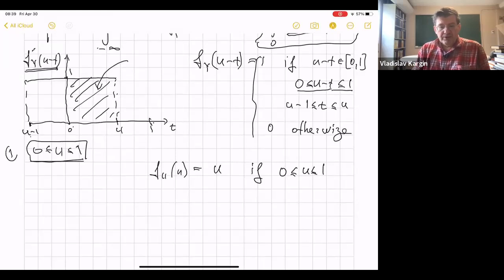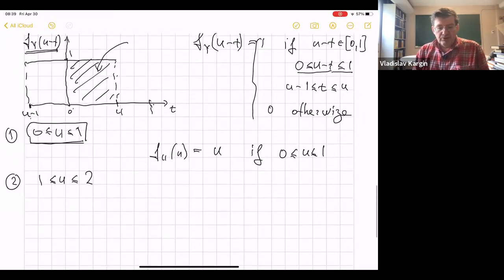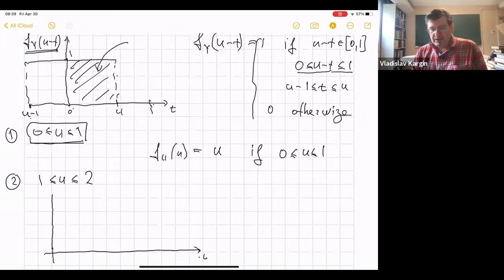So this was the first case, and the second case is when u is greater than or equal to 1 and smaller than or equal to 2. Again, we need to draw a similar picture. Here is t, and here we want to figure out what f of y of u minus t is as a function of t.